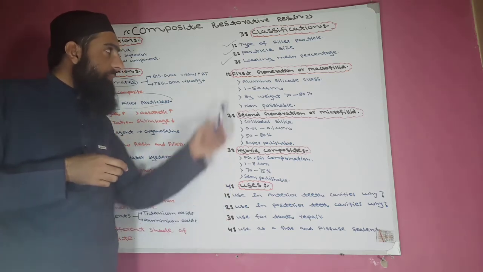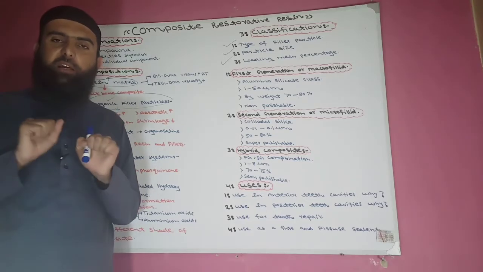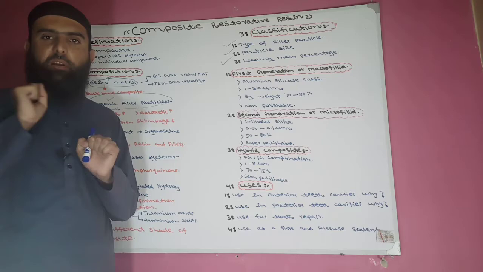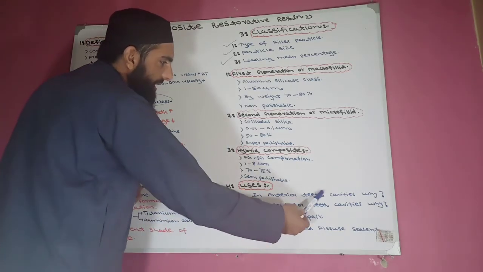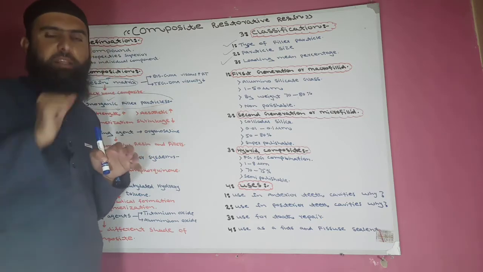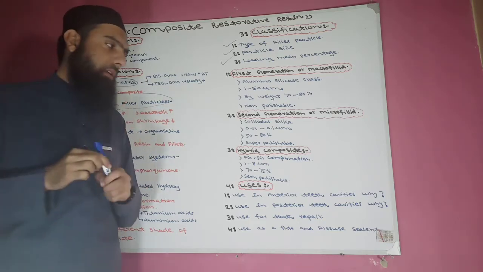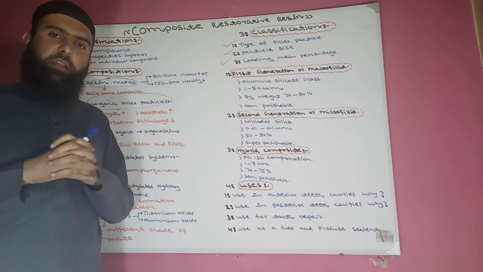After classification, come to the uses. There are four major uses of composite restorative resin. Number one is use in anterior teeth cavities. Why do we use it in anterior teeth cavities?